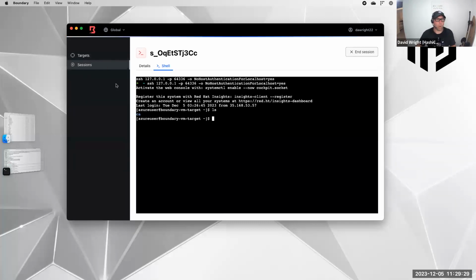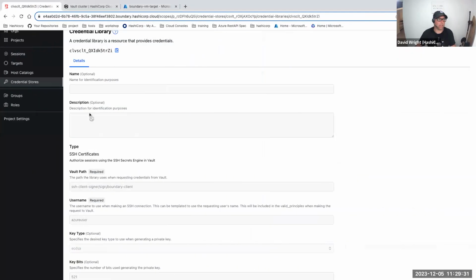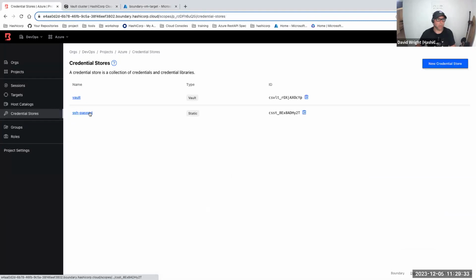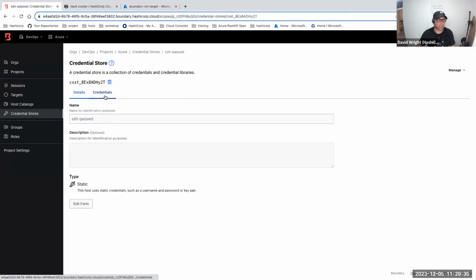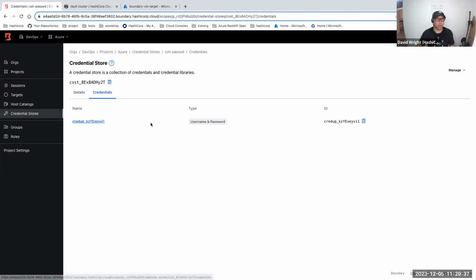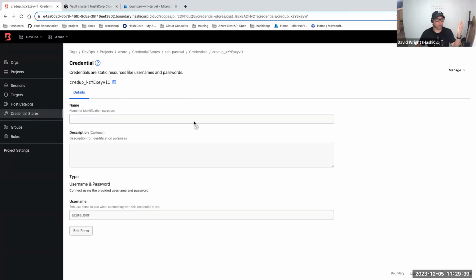But what we've done differently is, as a credential store, we've used SSH passwords, which is a static credential that we've created within the constructs of Boundary, and it's been injected from Boundary as the credential store rather than using Vault. So if you didn't have Vault, but you still wanted to do credential injection in some way, you could use a mechanism like that, for example.